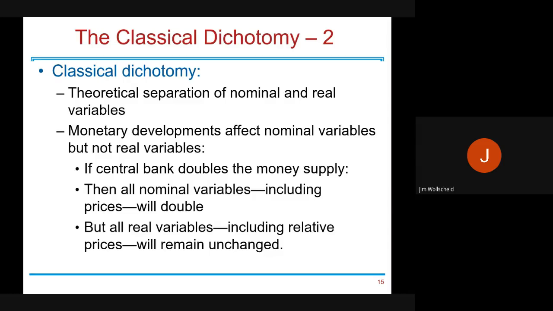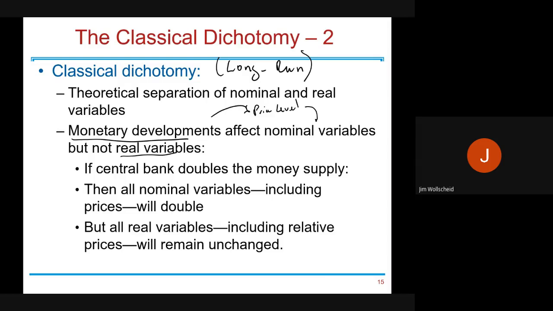If the government decides to increase the money supply, that will only change the price level. And if I change the price level, I only change nominal variables. I never change real variables. So classical dichotomy is a long run examination of the US economy.